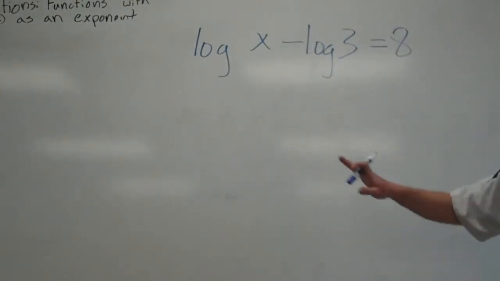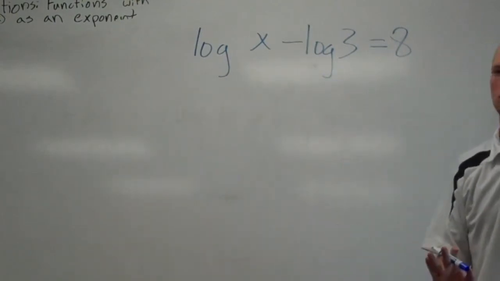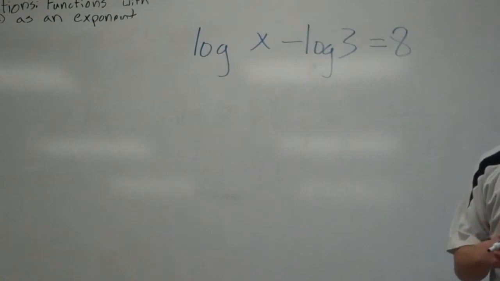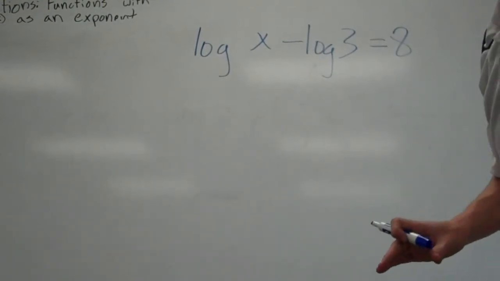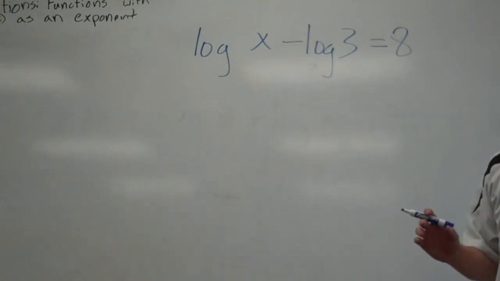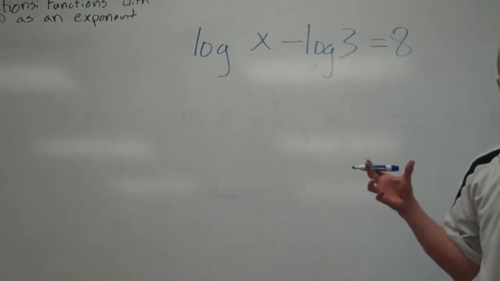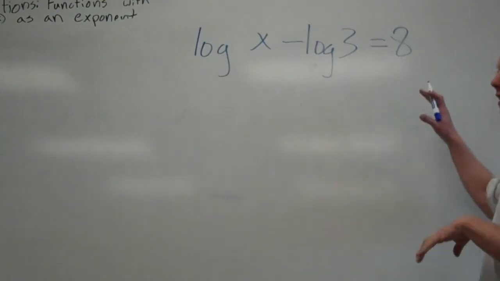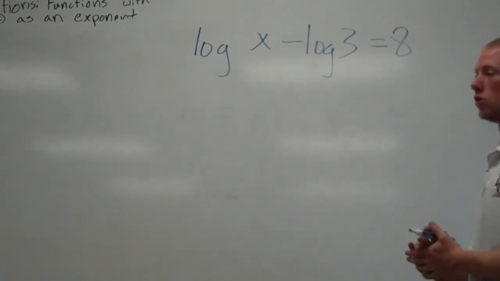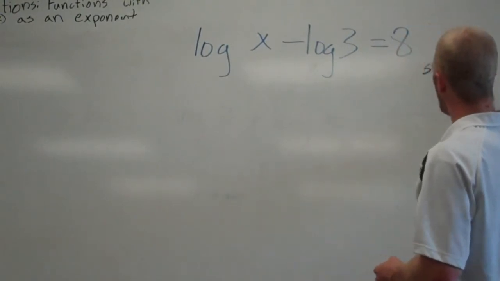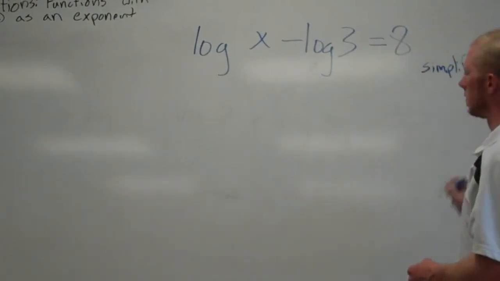Now here we don't simply have one log, we have two. But yesterday, using properties of logarithms, we had a great way to combine this into one logarithm. So your first step is going to be to try and combine all these into one logarithm so that you can then rewrite it in exponential form. Okay? So we're going to call that simplifying.